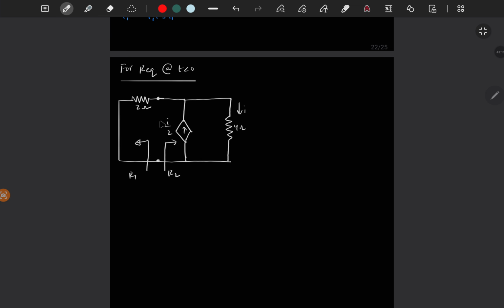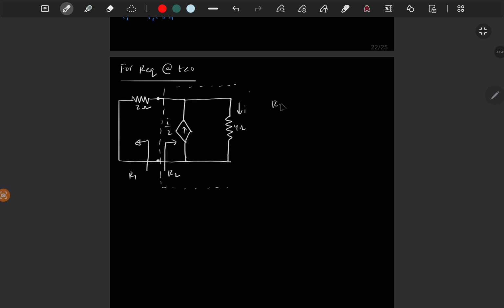So between these two terminals we have 2 ohm resistor connected, and between these two terminals let's assume this is a black box, and if you find, you will get some equivalent resistance of R2. So between the same two terminals we have R2 also.